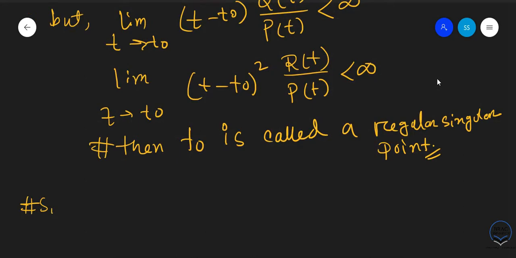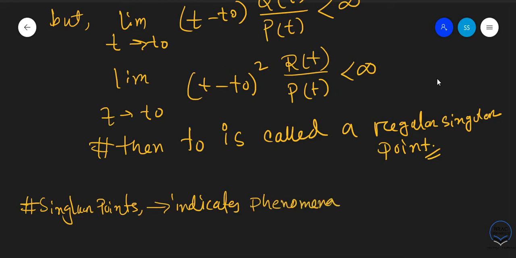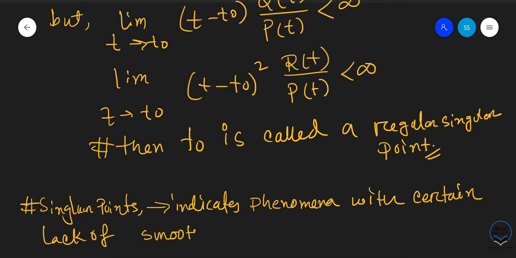Singular points, from a physical or application point of view, indicate phenomena with a certain lack of smoothness. That's what the physical interpretation of these singular points are.